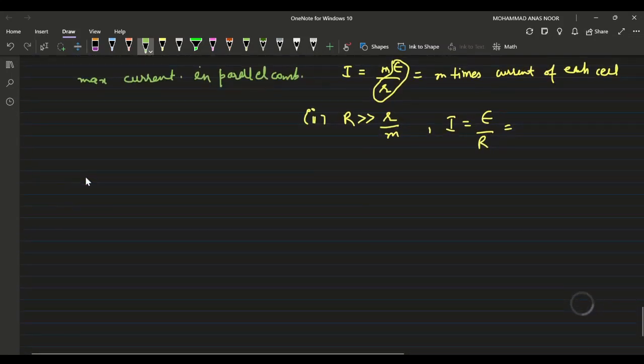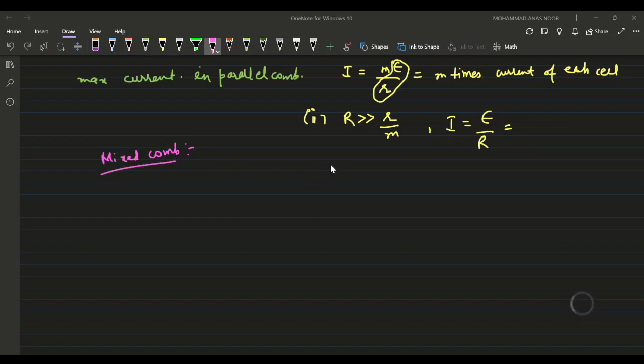Now the third one, when we have a mixed combination. Okay, so I think we should copy it. Let me see if I can copy it.